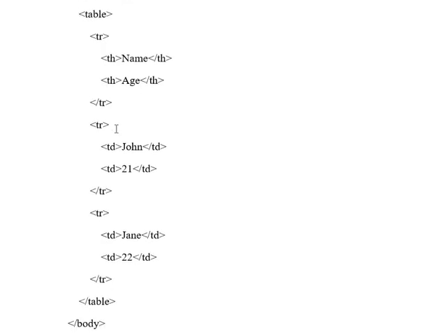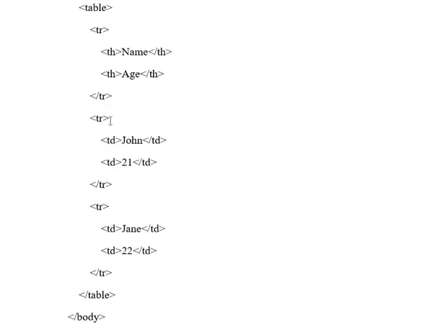Next, to create the next row of the table, again you have to use the opening tr tag, and you can close it with the closing tr tag. You can define this second row, which will be a data row. Every cell of the second row, the second row will contain two data cells.